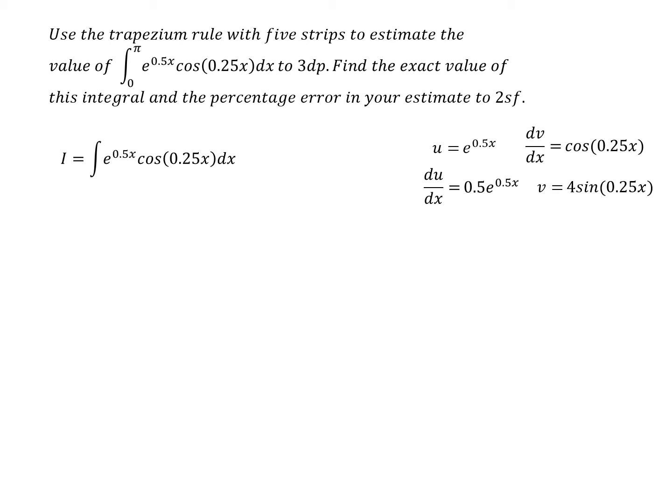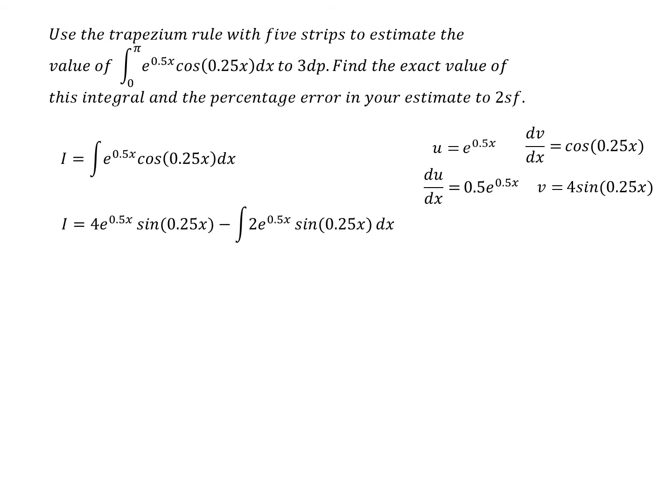So v is 4 sine 0.25x. If you're not very confident on your integration of cos 0.25x, then you might need to integrate that separately using a substitution of u equals 0.25x. Okay, so putting those things into the formula for integration by parts, we get uv minus the integral of v du/dx.